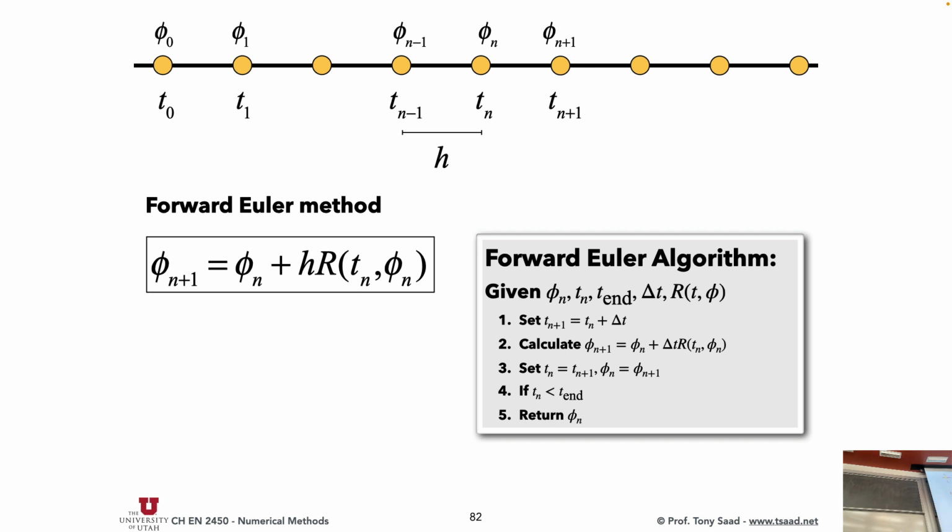A pseudocode for this, or an algorithm for this, is that given some state at t0 or tn, and φn and tn, your Δt, your right-hand side, then you can build that solution one step at a time. You start from 0, you go to 1, you go to 2, to 3, all the way to your desired end time. This is essentially what odeint is doing on the back end.